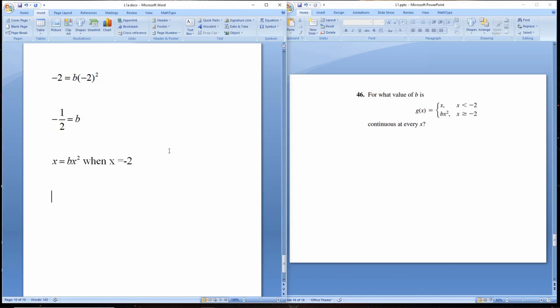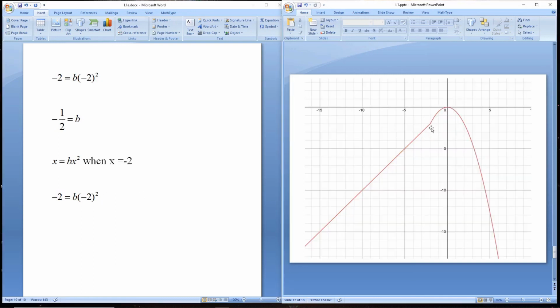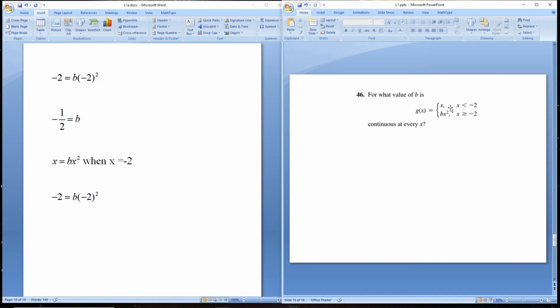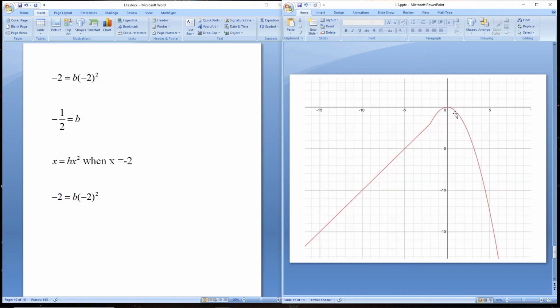So I plugged in -2 into that equation and solved. And that gets us our b value to adjust these functions so they touch. And now it's everywhere continuous. I think that's pretty cool. I like those. Expect to see this, maybe not this exact one, but definitely one of these on the test.